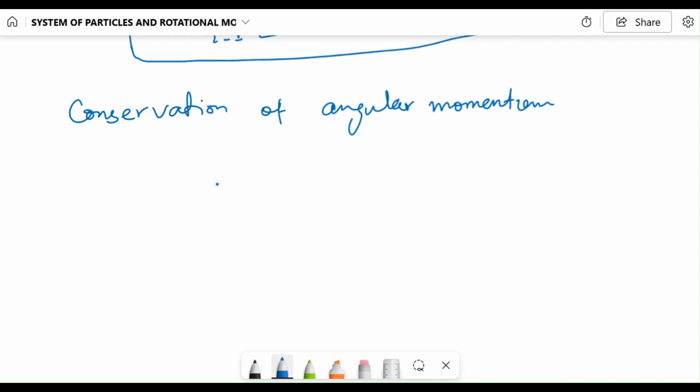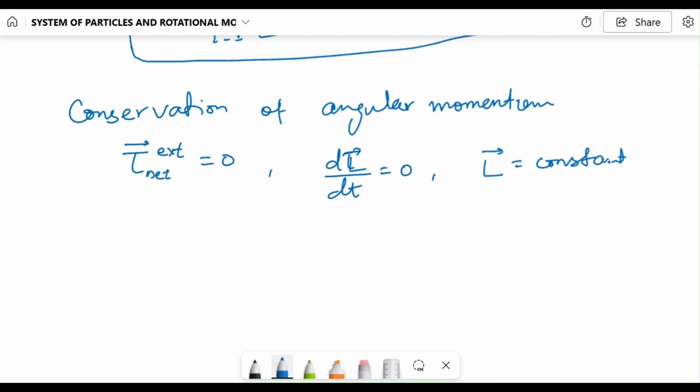If there is no net external torque, that is 0, then dL by dt is 0, or you can say L is constant, and we know we can write L equals I times omega, which will be constant. I'm giving you a real life example for this.